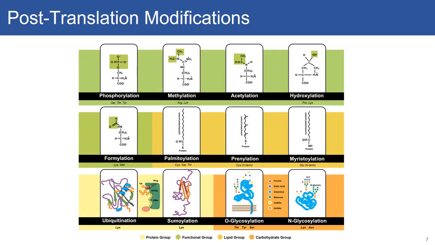One other thing that we need to just briefly mention is post-translational modifications. Those are covalent linkages of different functional groups, from as small as phosphorylation up to as large as ubiquitination, which is a large protein, to glycosylation, which are carbohydrates. In this chart, you'll notice that underneath the description there are amino acid residues that these functional groups can be added onto.